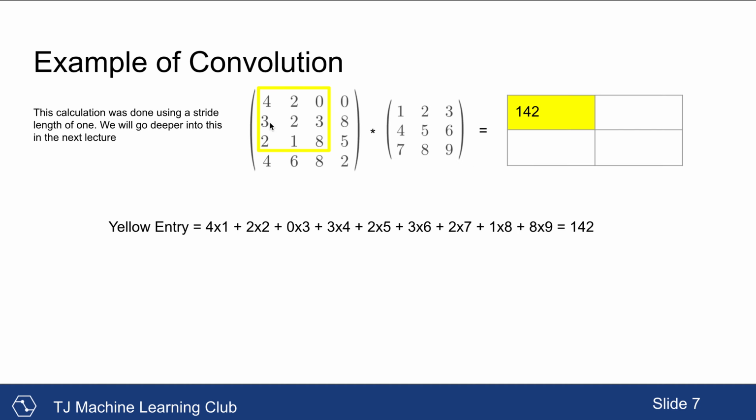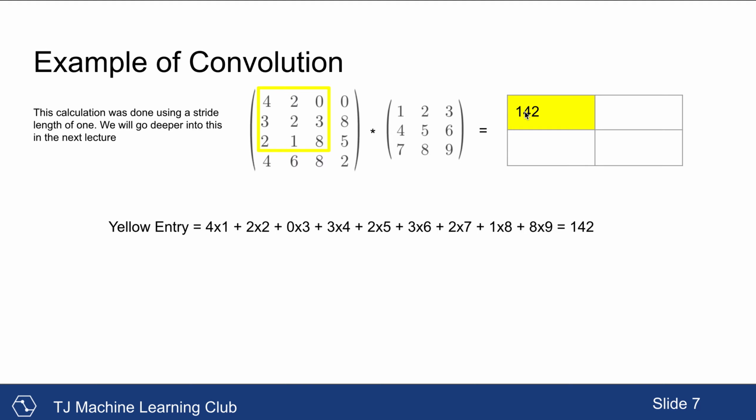So for this first area, we would do 4 times 1, because when you slide this over, 4 would be on top of or under 1, depending on the order. But 4 times 1 plus 2 times 2 plus 0 times 3 plus 3 times 4 plus 2 times 5 plus 3 times 6, and so on. This is the full thing, and hopefully I didn't make any arithmetic mistakes, but the answer would be 142.